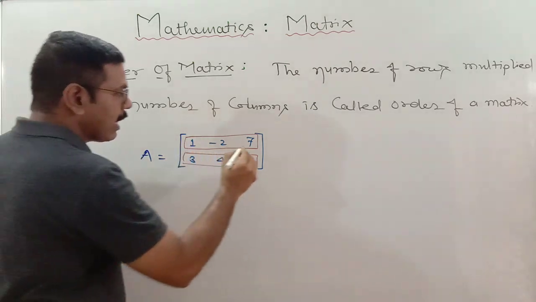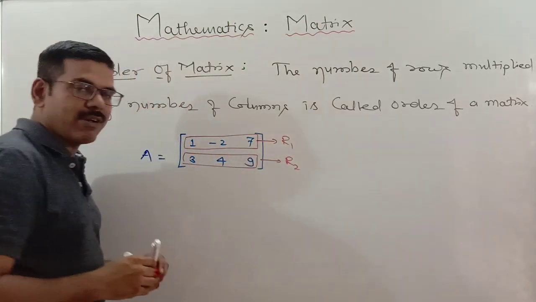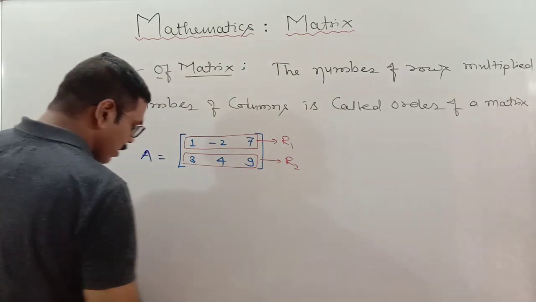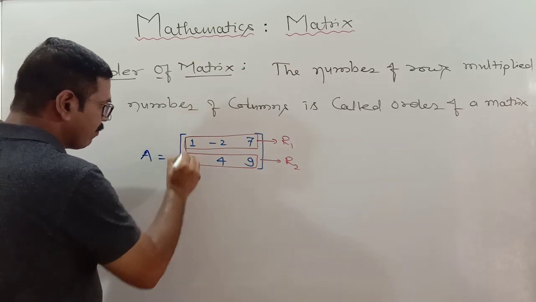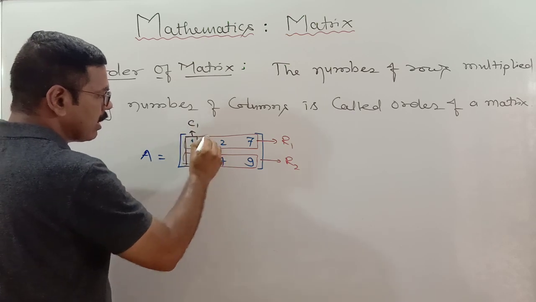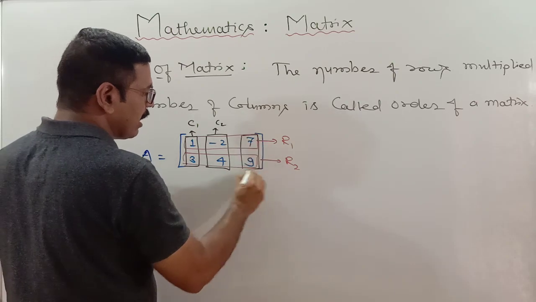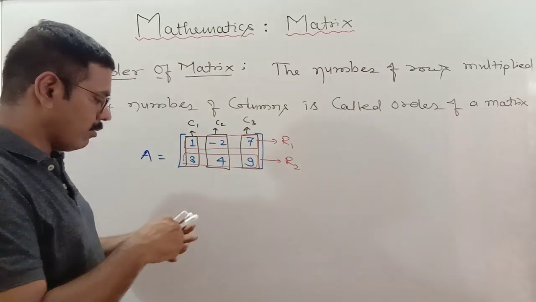So there are two rows, R1 and R2. Row number 1 and row number 2. If suppose we are just taking a look of columns, so columns here you can see that there are column number 1, this is vertical arrangement C1, second vertical arrangement C2, third vertical arrangement C3. Are you getting? So 2 rows and 3 columns it is having.